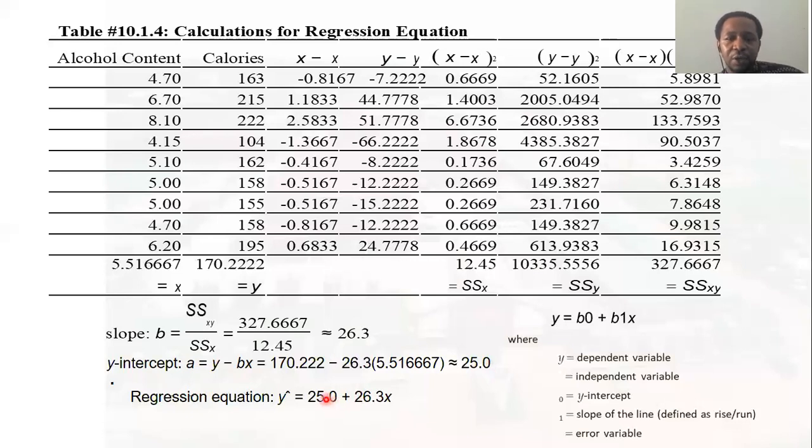It becomes 25.0 plus 26.3 into x. So to get the value at any point in time, you just substitute the corresponding value here into this, and then you get the value of y.